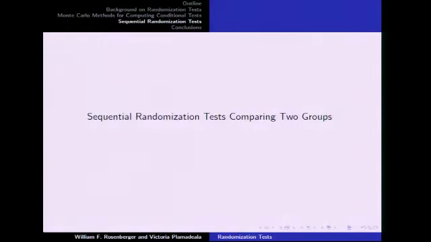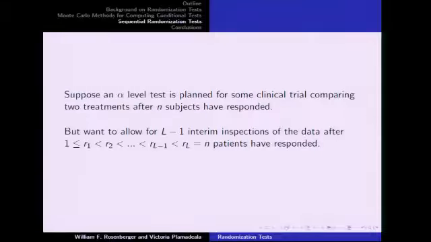So how would we do this in a sequential monitoring approach? Suppose we want an alpha level test, and we're going to have a number of interim inspections. So I have L-1 interim inspections of the data.